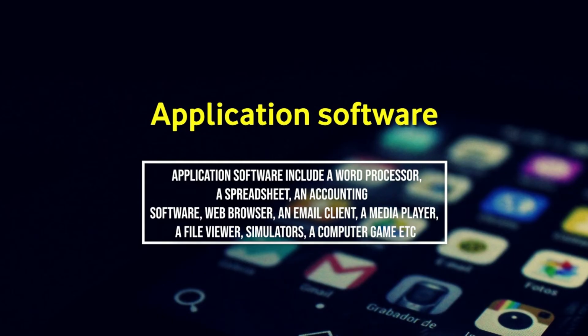Examples of application software are word processing such as MS Word, spreadsheets, accounting software, web browsers, email, and many more things around you. As I discussed, there are so many specific applications. These are very general purpose applications used for different purposes for automated operations or activities.